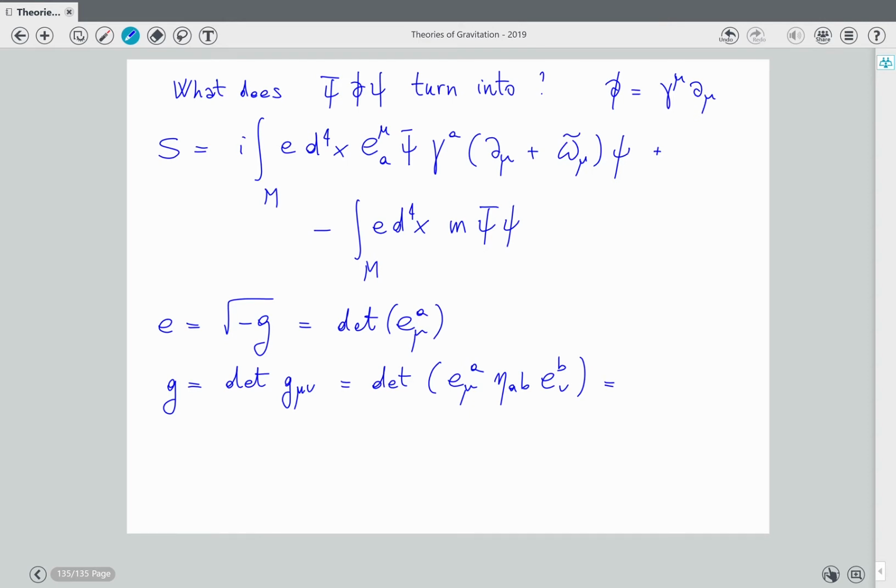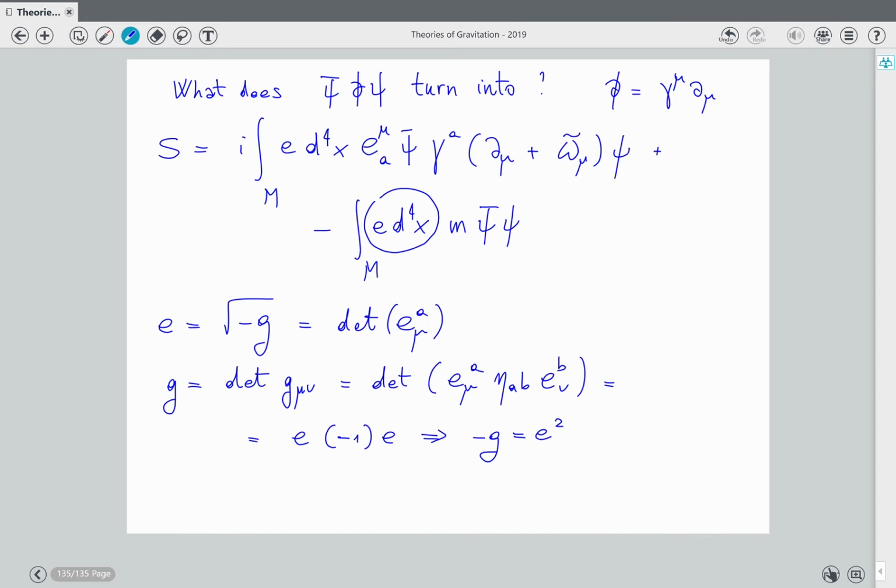So this is the determinant of the product of three matrices, the determinant of this times the determinant of that times the determinant of that. The determinant of E A mu is what we call E, and the determinant of eta is -1. So minus g is equal to E squared, where E is the determinant of the vielbein. That takes care of the minus sign as well. So this object is invariant under diffeomorphisms.